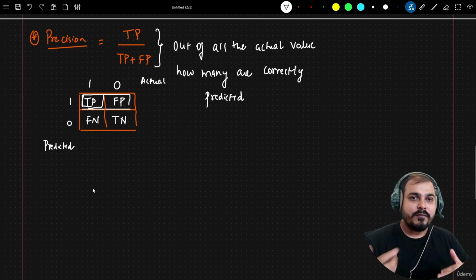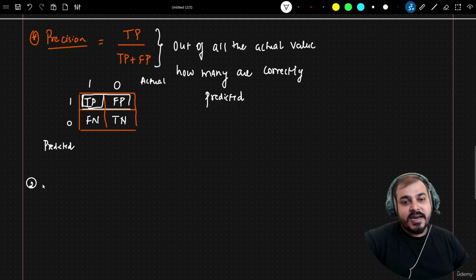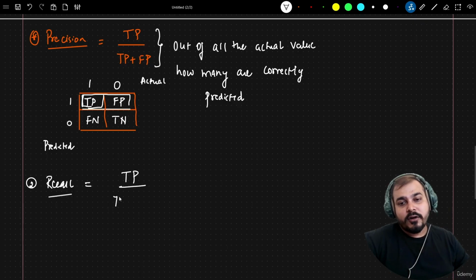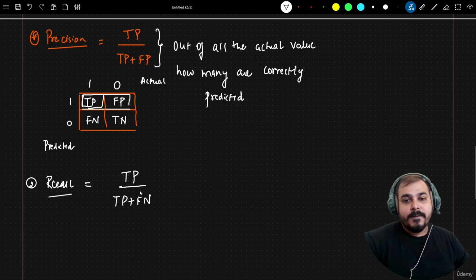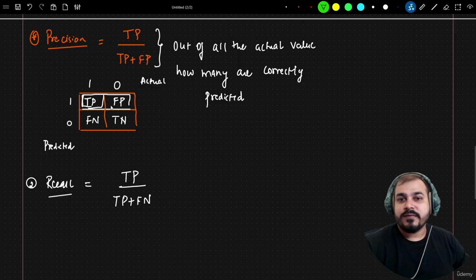When should we use precision and when should we use recall? Now the second thing, the recall formula, is true positive divided by true positive plus false negative. So in the case of recall, I am considering this specific part, that is true positive and false negative.